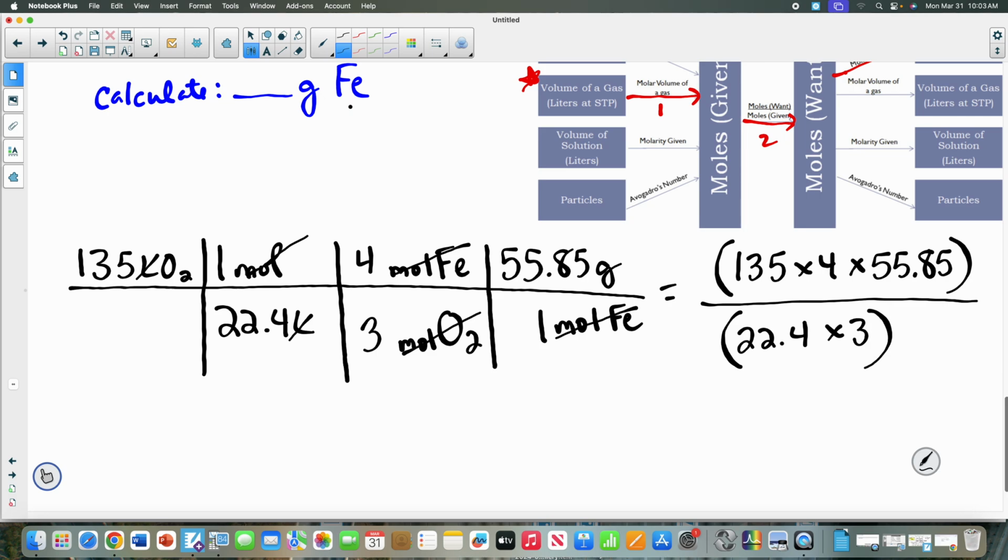But you can also go through and do one step at a time in your calculator. Like I would do 135 divided by 22.4 times 4 divided by 3, then times 55.85. 3 sig figs, what do you get?